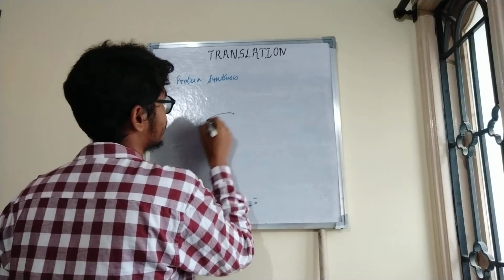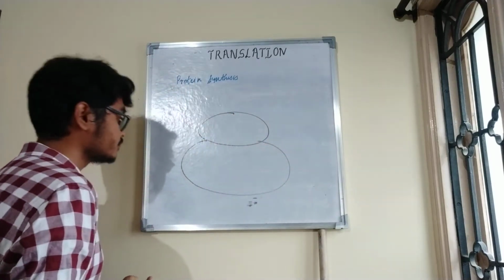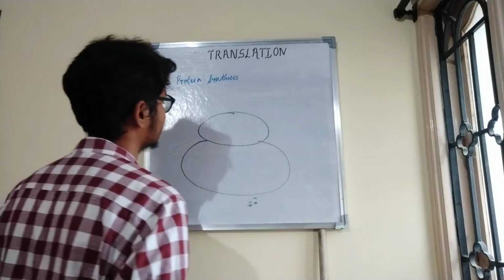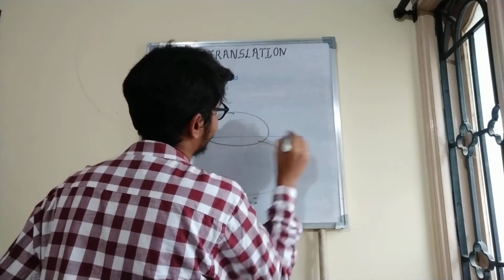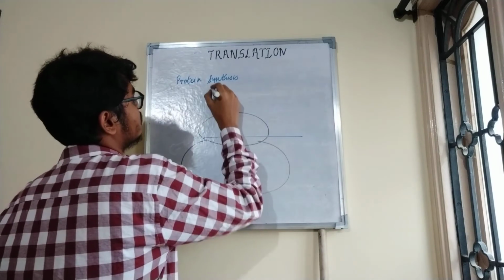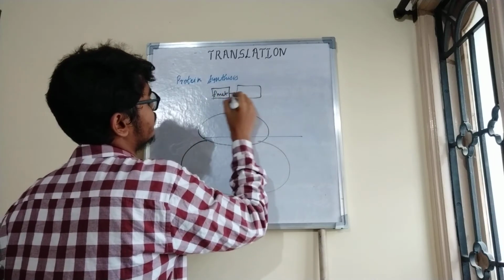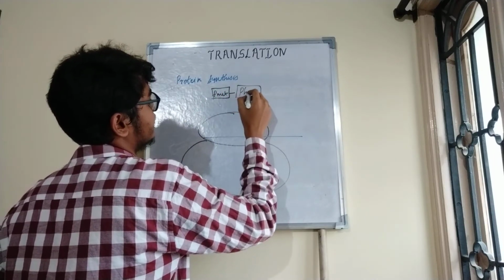So again, let me draw the smaller subunit, larger subunit, and we have got the mRNA, and we know that there is FMET. There was this phenylalanine.